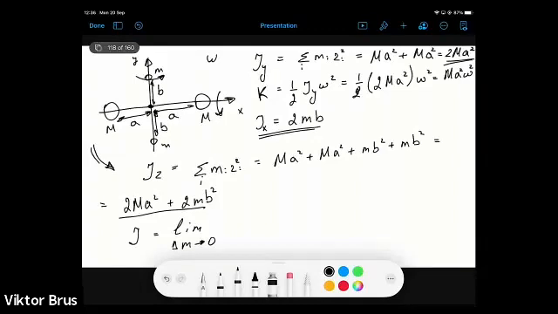So we will consider very small parts of these continuous bodies. Here it will be the sum for all these small masses, their distances to the axis of rotation squared times this small mass. So that is nothing else but the integral of r squared dm.